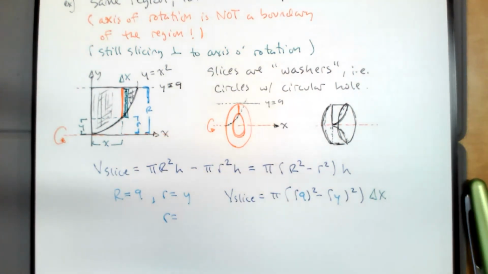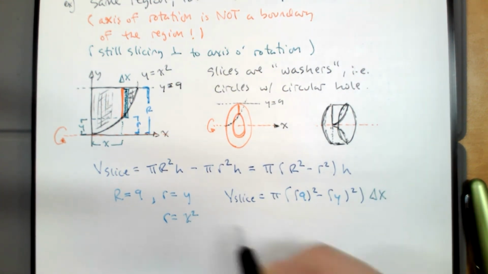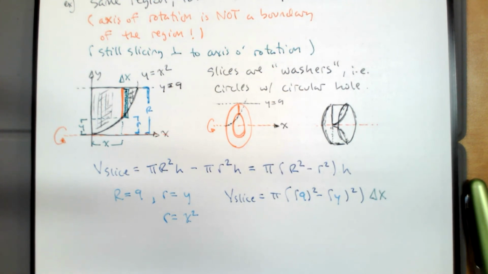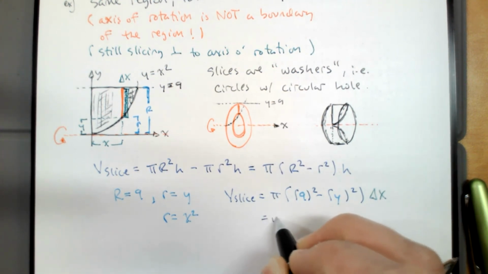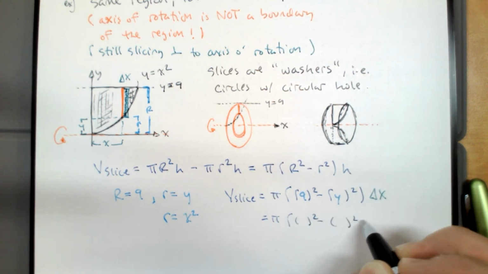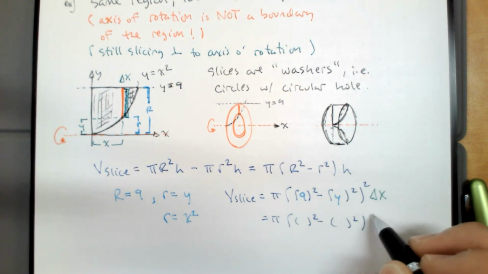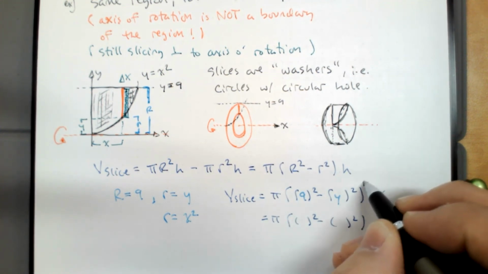I need to write the radius in terms of the delta variable. So R is equal to y from the diagram, and I have to convert y into x with y equals x squared. So the volume of the slice should be pi times 9 squared minus x squared. Oh, wait, no, I didn't need to square that.